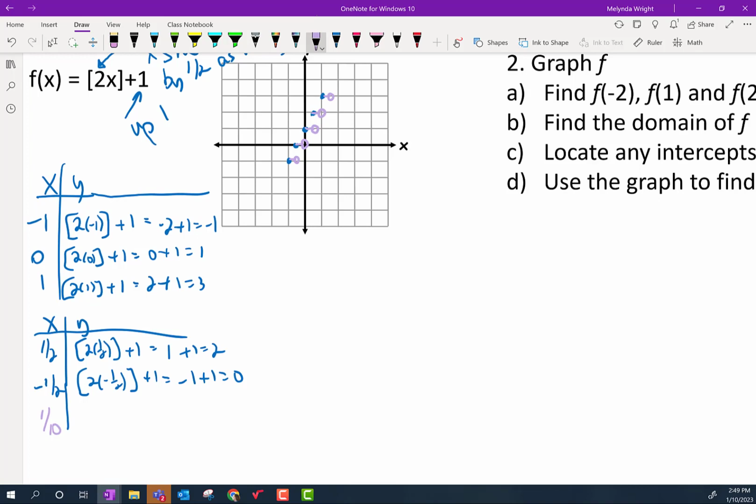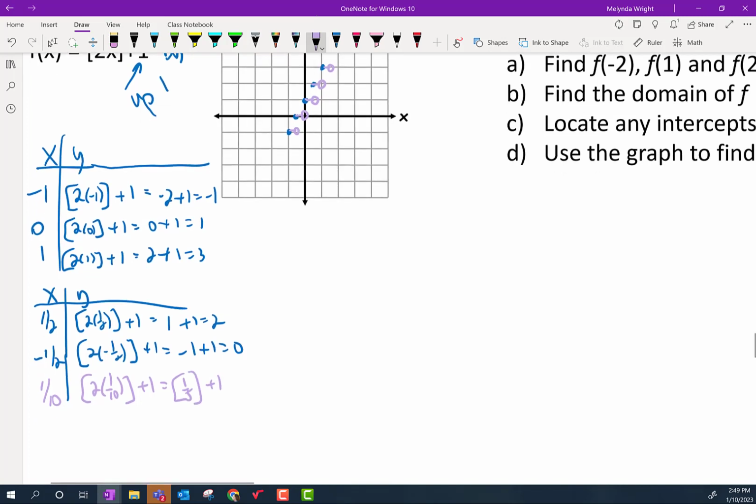So 1/10 would be 2 times 1/10 plus 1. So the greatest integer of 2/10, which is 1/5, plus 1. Let's think about this on our number line. 1/5 is probably about right there. And I'm going to go left. Right? That's what we do. We go left.